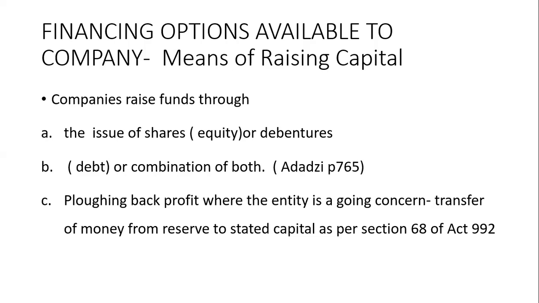So a company raises funds through issue of shares or debentures. Debentures simply refers to loan. The company borrows or takes loan, or the company will raise funds through a combination of shareholders' money and also borrowing, or it could go either way.